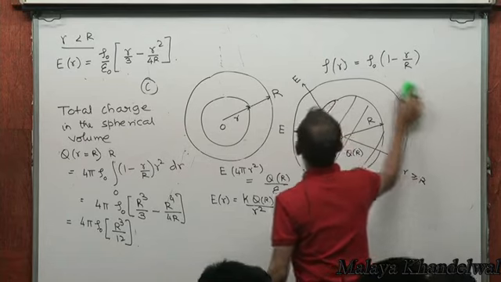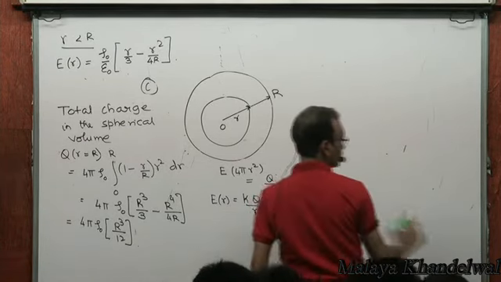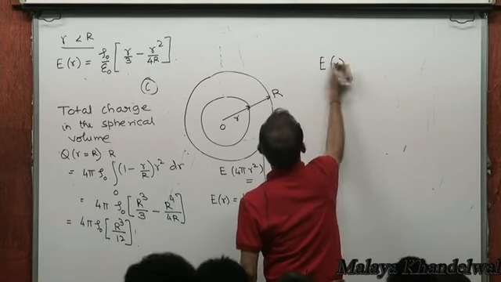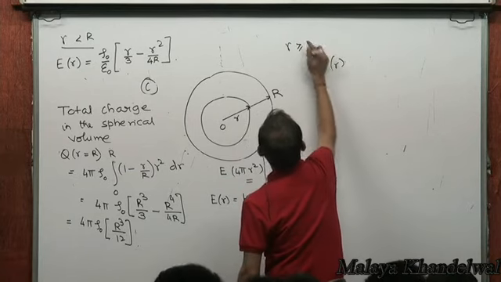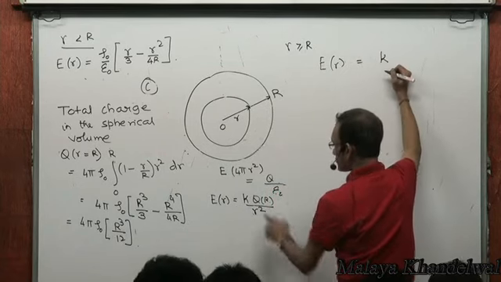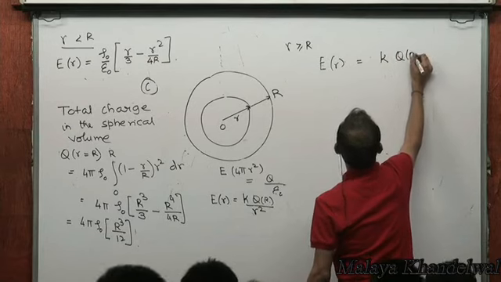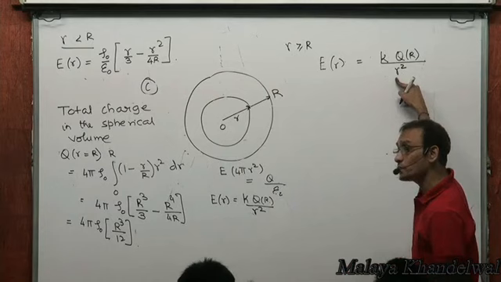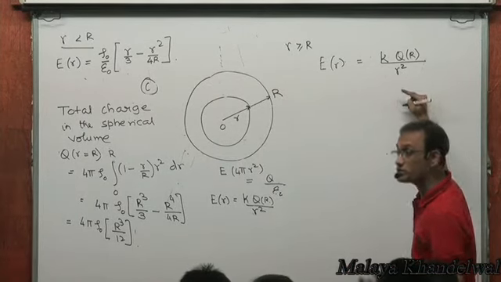So electric field at a distance small r, for small r greater than or equal to capital R, is going to be K times Q inside capital R, which we have already computed, divided by r squared. It falls as 1 by r squared outside this region.